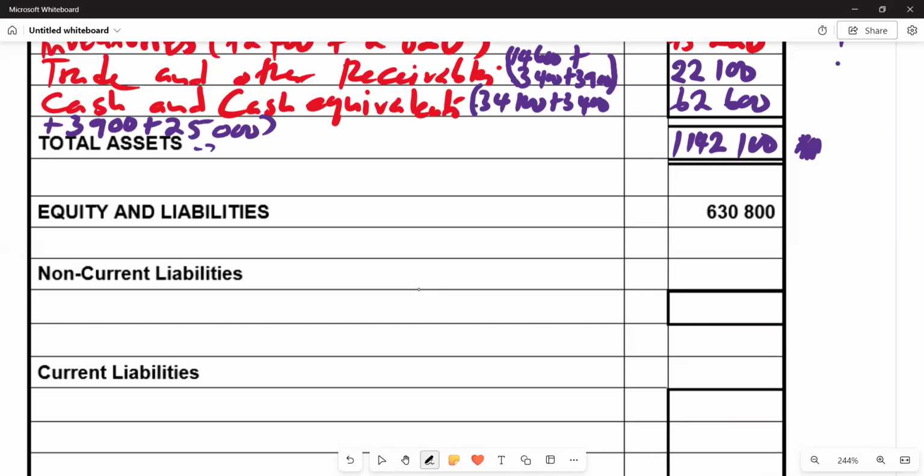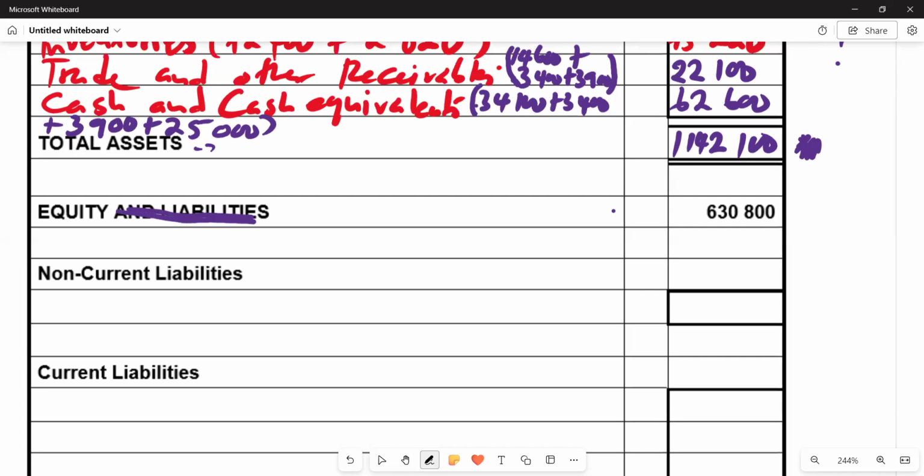That has been put there. So we are having this equity and liabilities, and we are having a total that we are given there, 630,000. So you see that this total is representing equity, or the owner's equity that we are talking about. So we can just maybe remove this and liabilities, because liabilities are here. So this one is our equity.